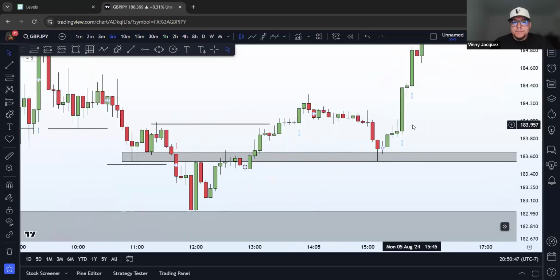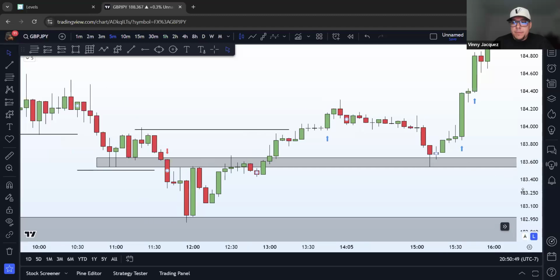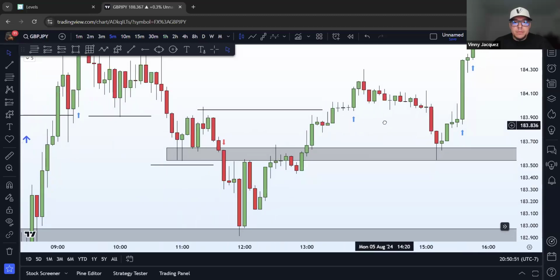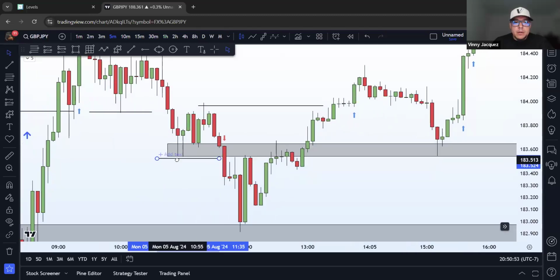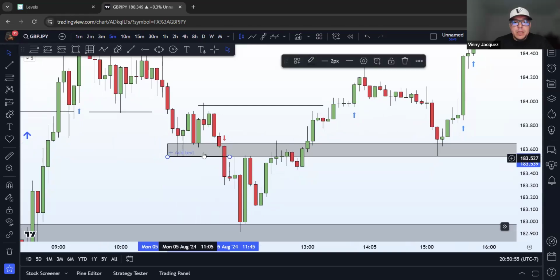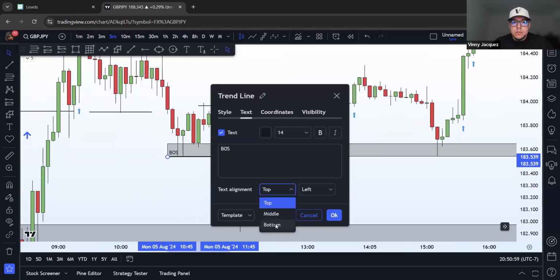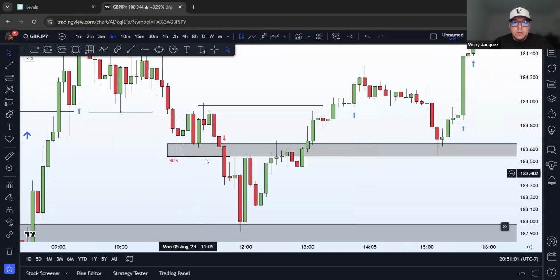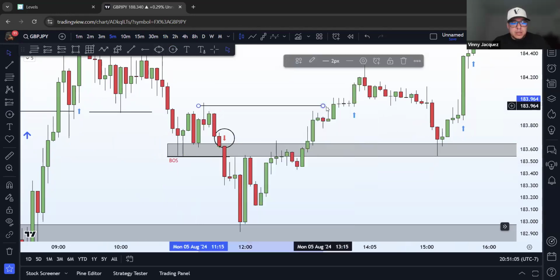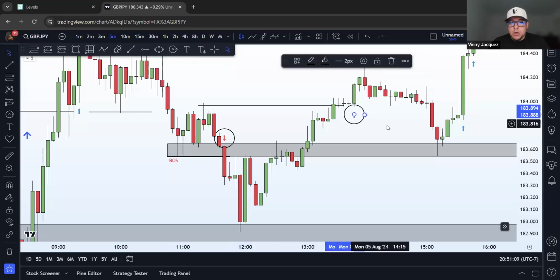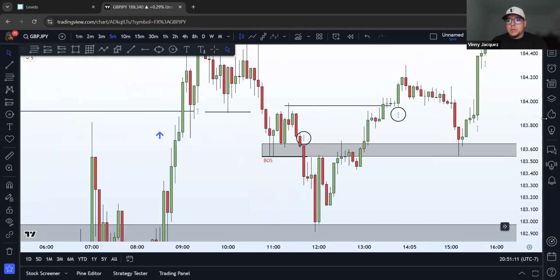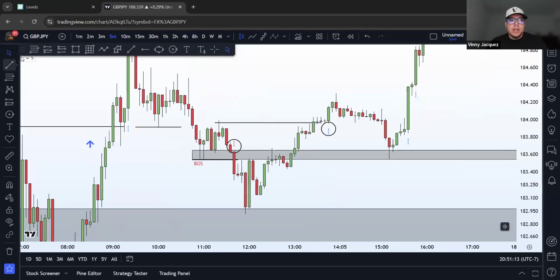Look at this, guys. Look at that. So fire. Levels literally letting me know, yo, I got a bearish BOS. Levels told me. And then I got the bullish change of character. And again, Levels told me. So this is the setup right here.